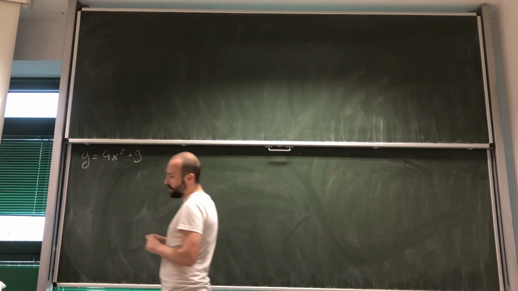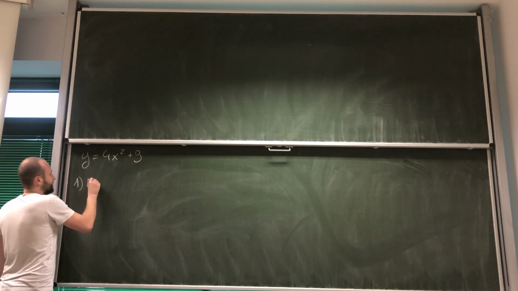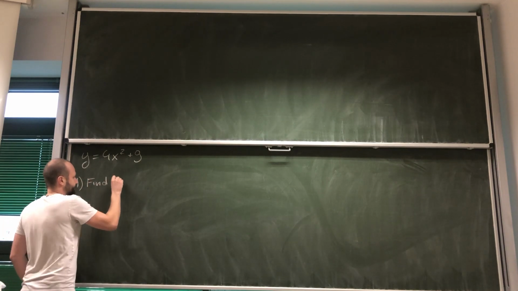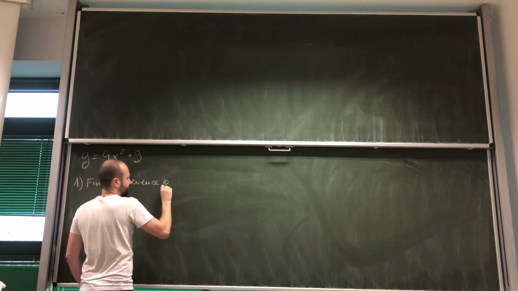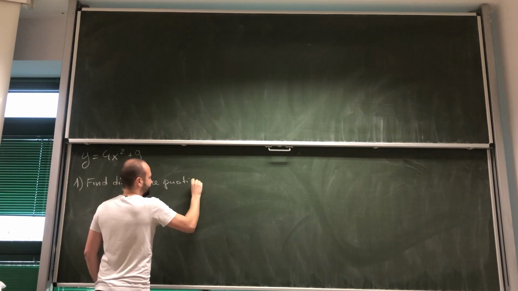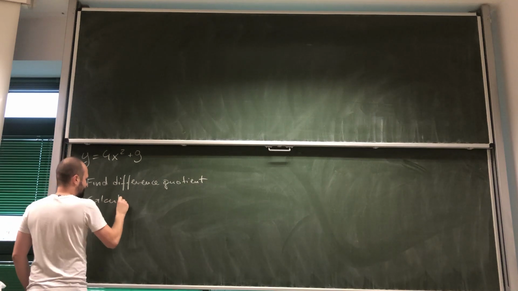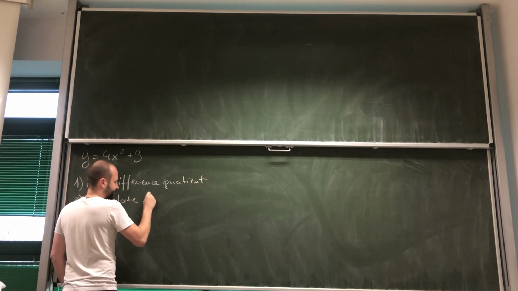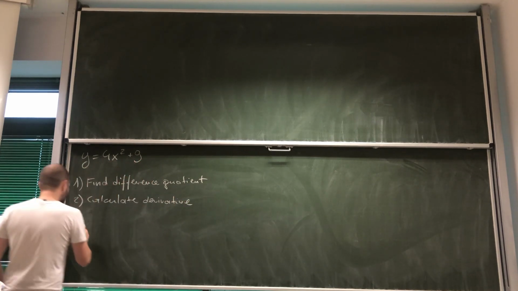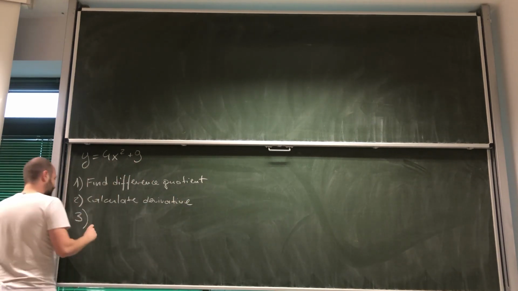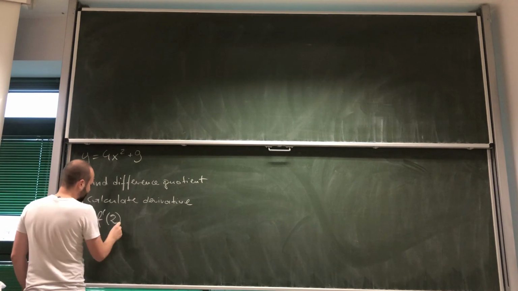Now, what we would like to do is to first find the difference quotient. Then calculate derivative. And then in point 3, find the value of derivative when x is equal to 2.